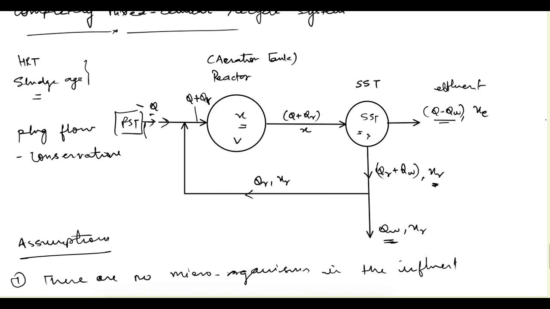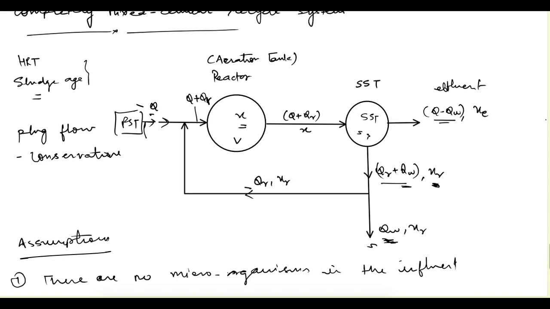The solids concentration in the return flow and in the wasted flow will be the same. So here QR plus QW is coming out from secondary sedimentation tank, and it has a concentration of XR for solids. So the same concentration will be there in the recycled flow, and same will be there in the wasted flow.